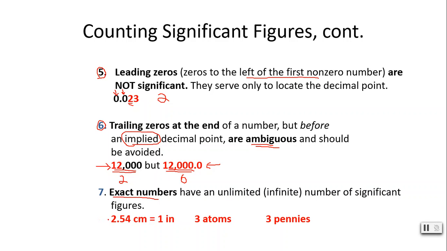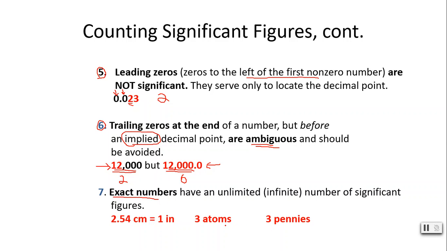So, looking at this equivalency, 2.54 centimeters and 1 inch, you may think, well, that measurement just has 3 sig figs, that just has 1. But since it is part of a conversion factor, you can think about it as being exactly 2.54 centimeters and exactly 1 inch.